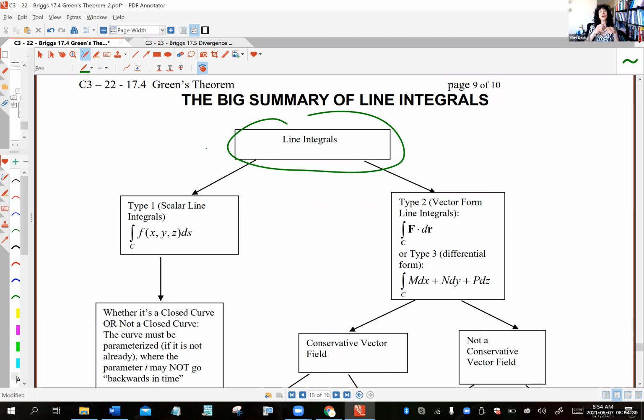Well, first you have to identify if the line integral is type 1, 2, or 3. We talked about this. If it's type 1, which means it's a scalar line integral, no vector fields involved. You have some density function, and you integrate the density function with an arc length element. The type 1 represents the mass of a wire, basically.